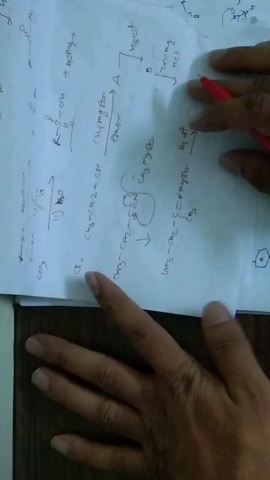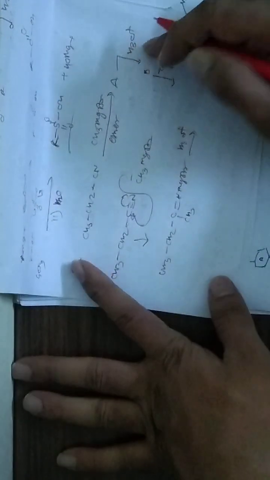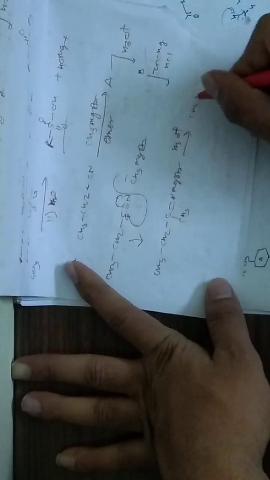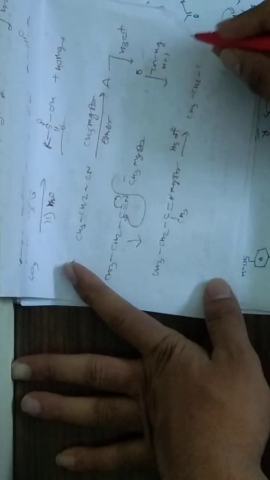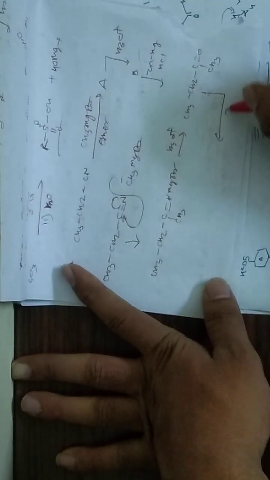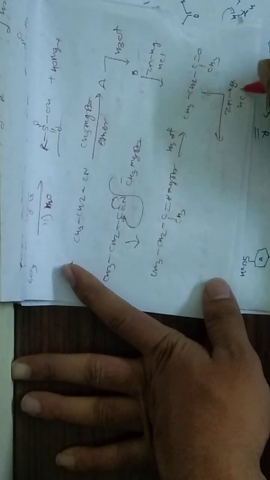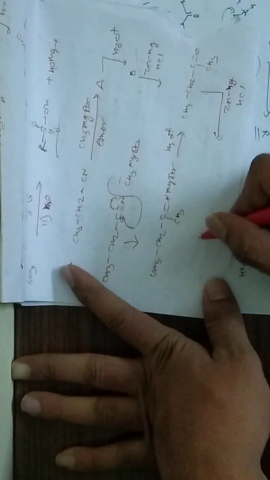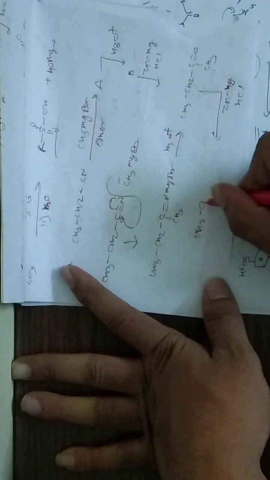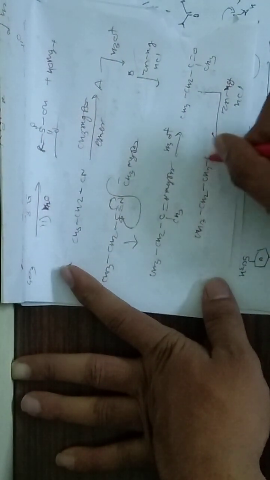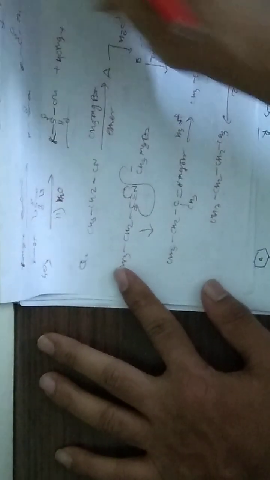Water means acidic hydrolysis, you can say H3O plus. What will form? CH3CH2-C double bond O-CH3. Now Clemmensen reduction, Zn-Hg. What will form? Ketone to alkane simply. So what will be our product? CH3CH2CH2CH3, butane. In the options, option A gives that product, so option A is correct.